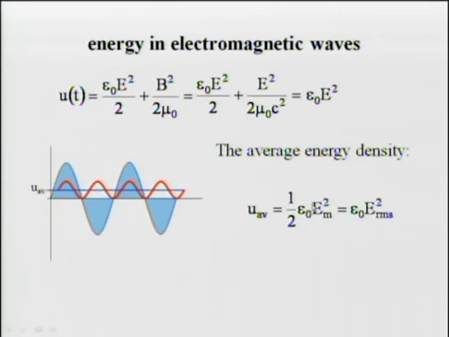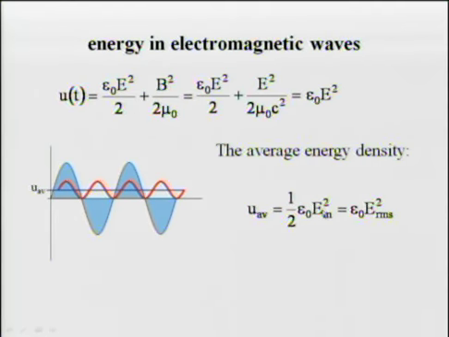Let's say if I calculate energy density at this point, I will get energy density corresponding to this electric field strength. And let's say that this is the value. Average density will have half of that value.